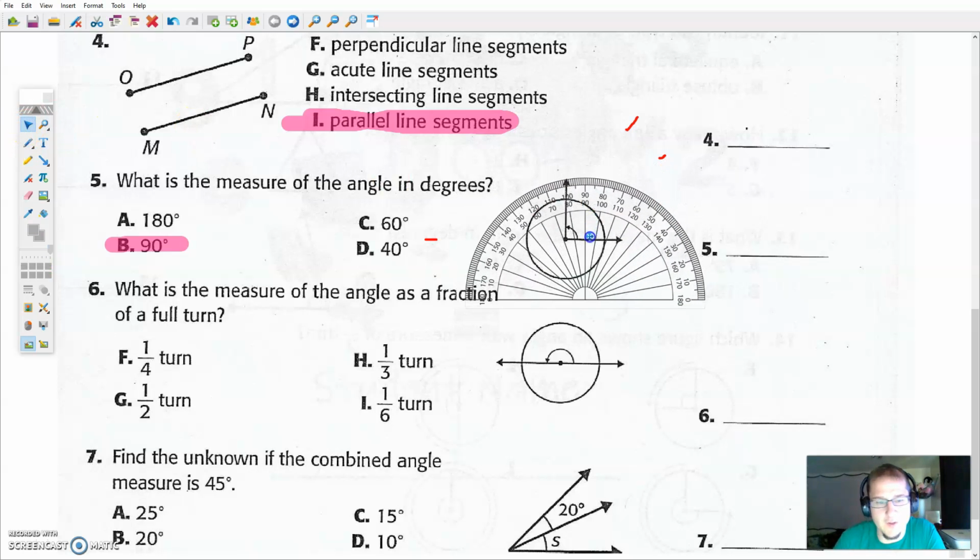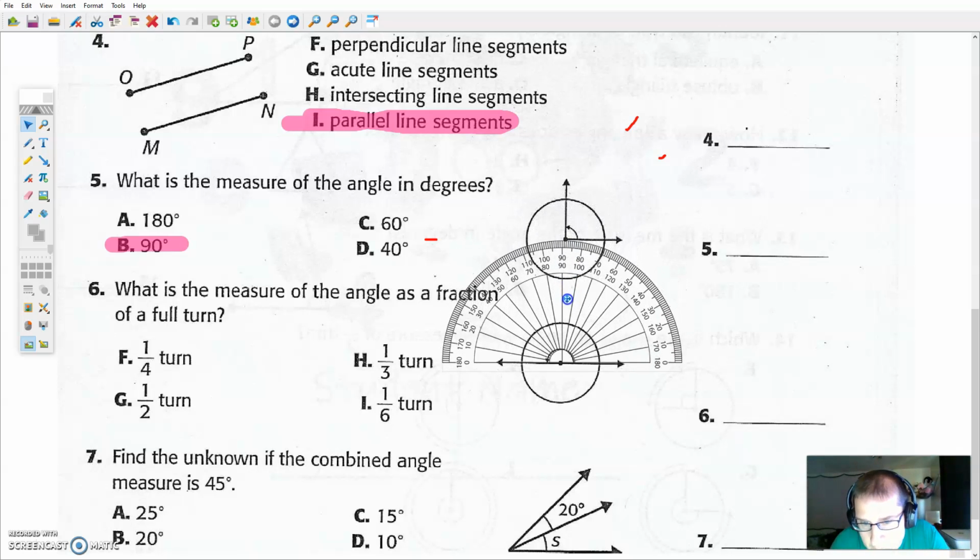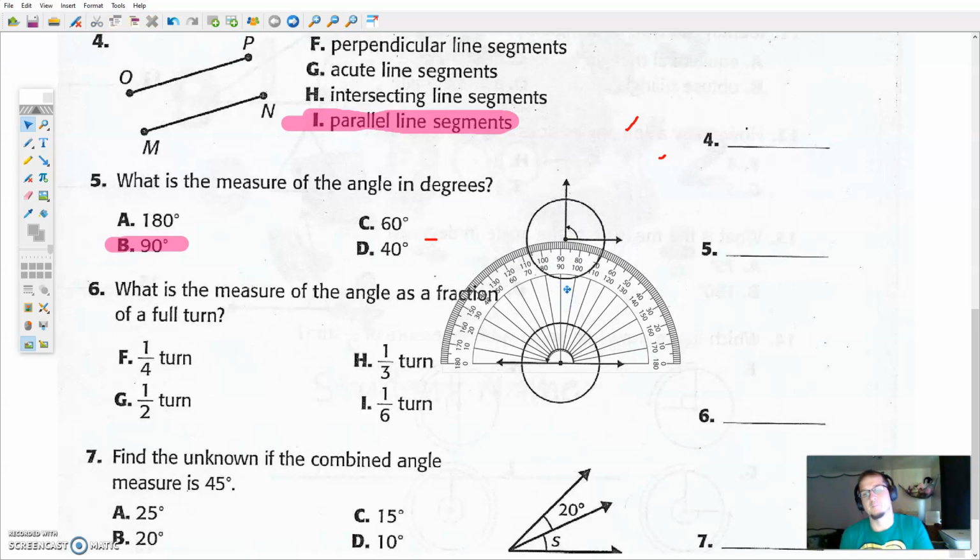Now, if we come down here, we don't necessarily need the protractor to answer this one, but we're going to put it on there anyway so we can make the correlation. That is a 180-degree angle.